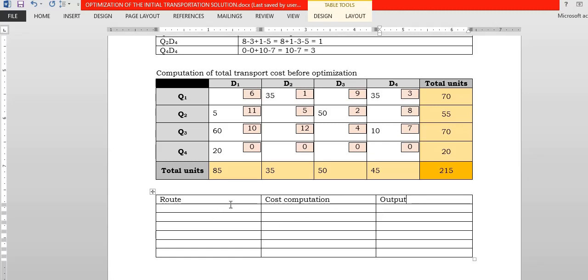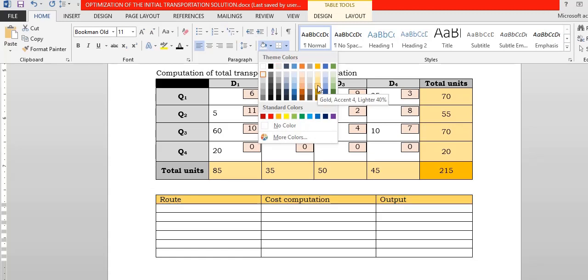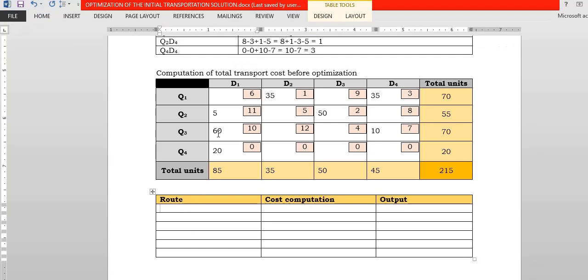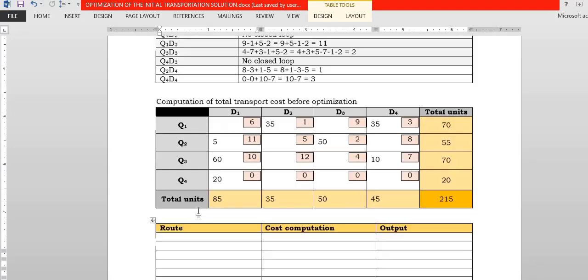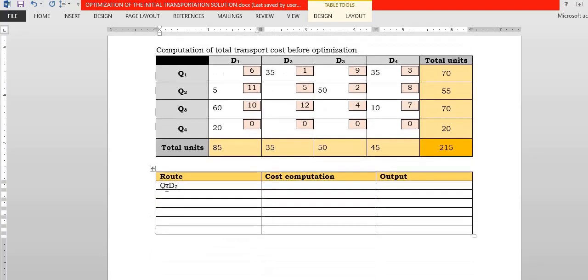So this will be our table. The first route we have is this one here, before the allocation, of course. That is the Q2D1. If I copy from here, just paste it here. So it is Q2D1.